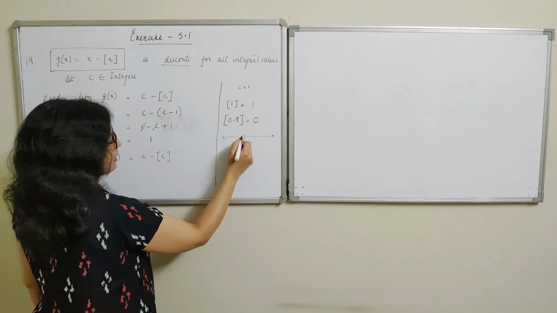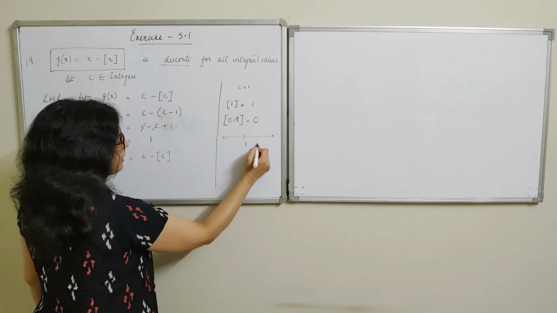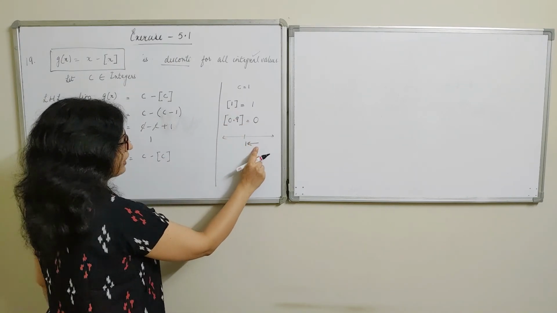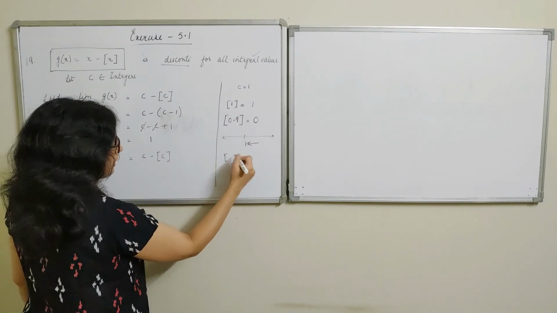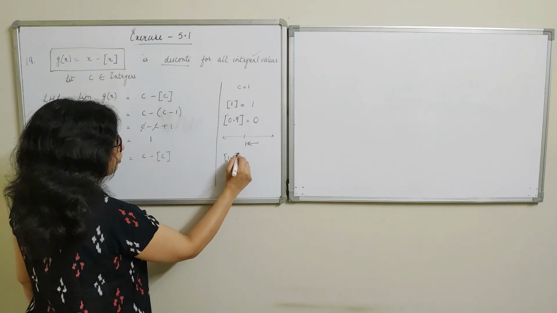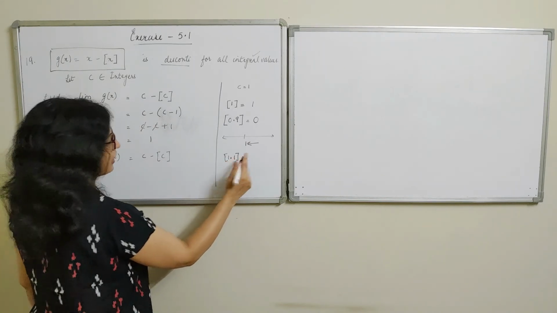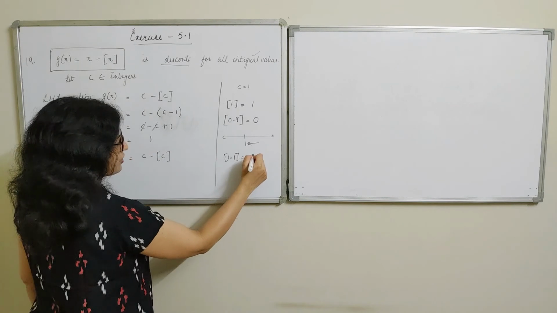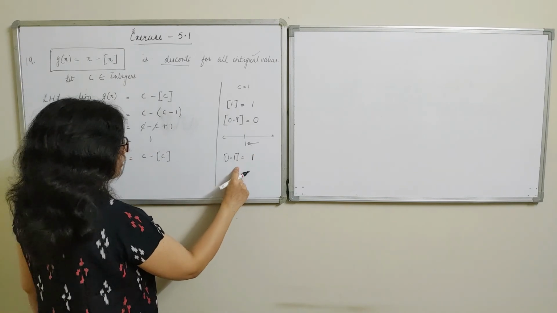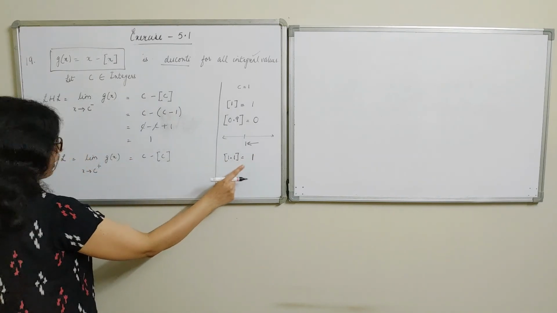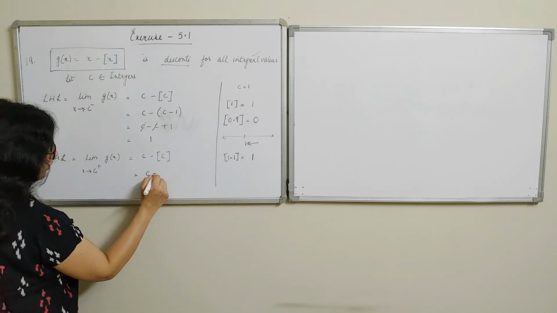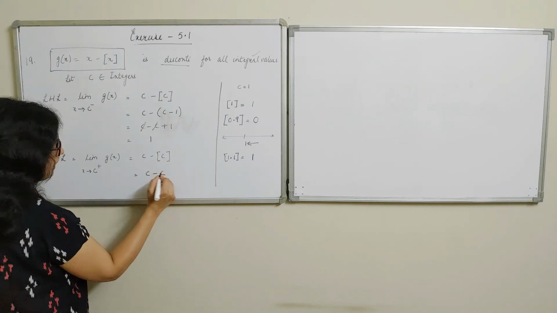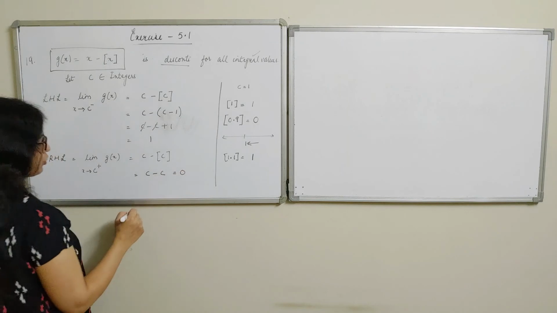Now whenever it is less than 1, that is the case we have seen. Now we are approaching 1 from the right hand side. That means the values of x are more than 1. Suppose the value is 1.1. In that case the value of the greatest integer function is 1. That means the point is 1, the value is also equal to 1. So here the greatest integer function will acquire value c, and this is equal to 0.